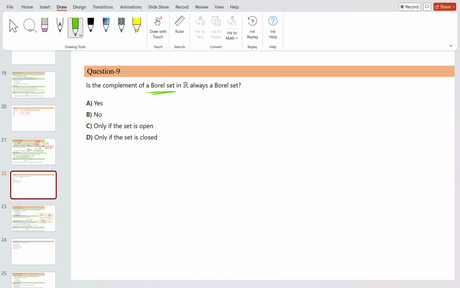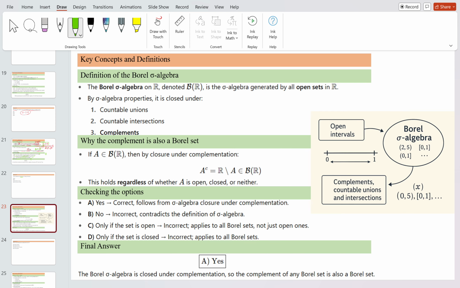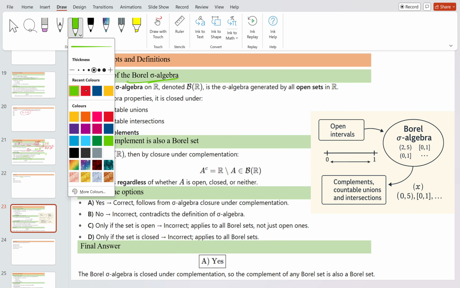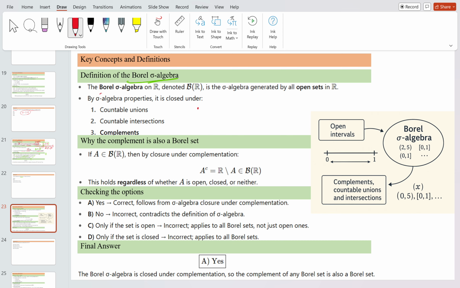Let's first understand what a Borel set actually is. The definition of the Borel sigma algebra is like this. The Borel sigma algebra on R, that is the real numbers, denoted by B(R), is generated by all open sets in R. By the sigma algebra property, you already know that you have countable unions, countable intersections, and complements.